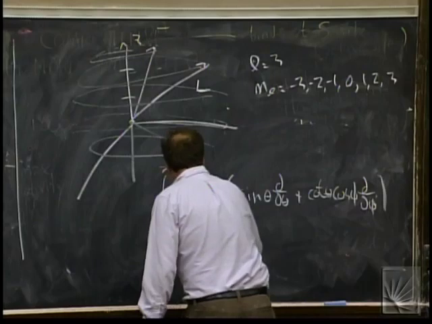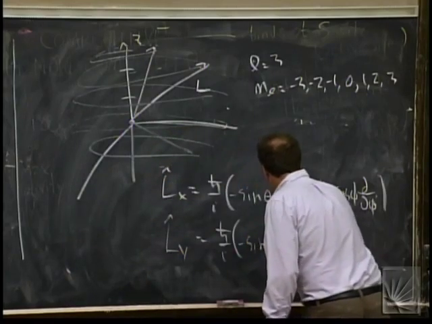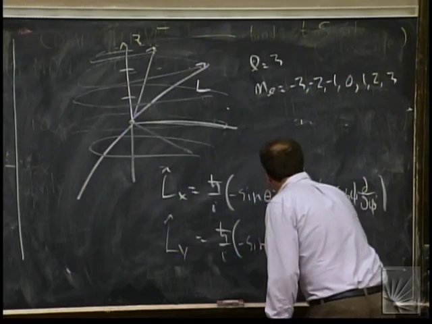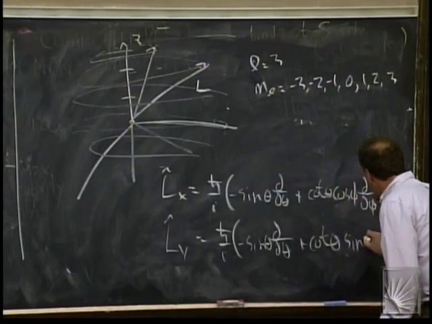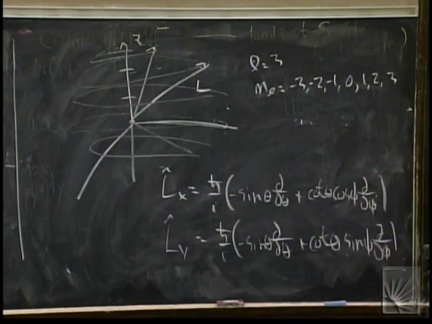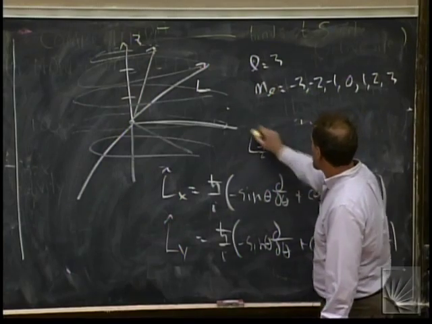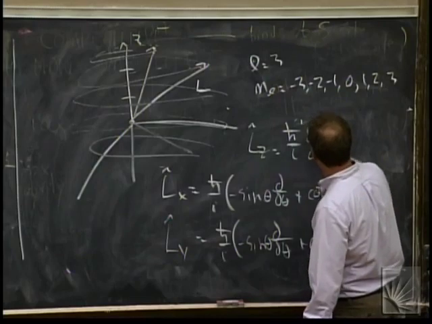Ly is the same operator in terms of theta, but I have a sine phi where before I had cosine phi. Fair enough. And I know what Lz is. I already wrote that one down. That's just h bar over i d by d phi, right?